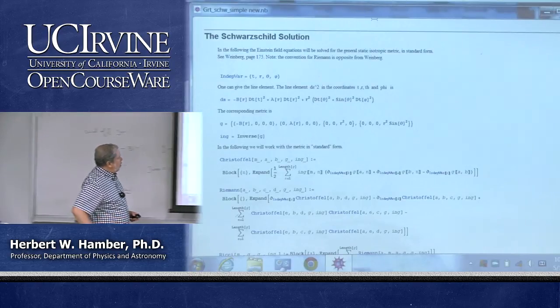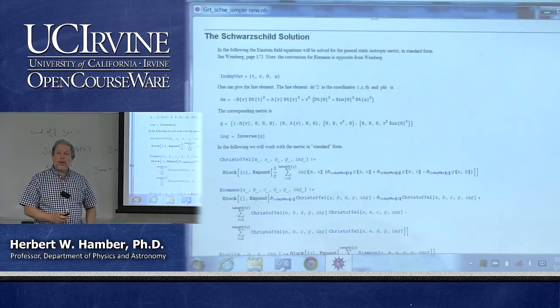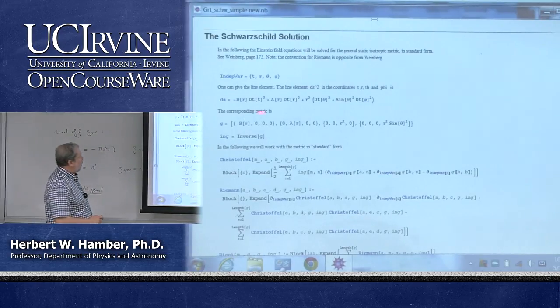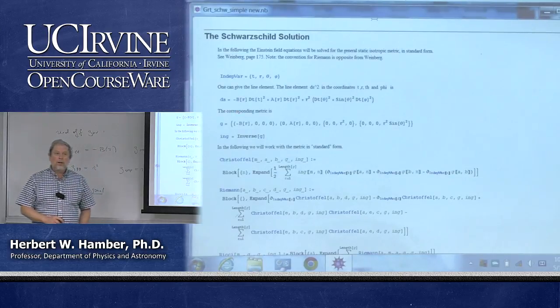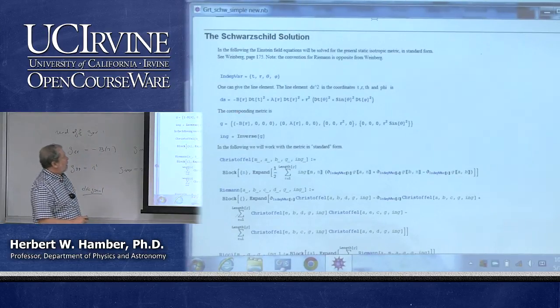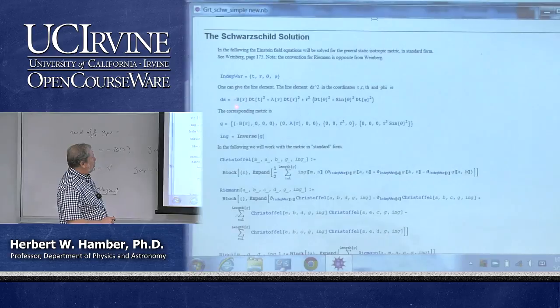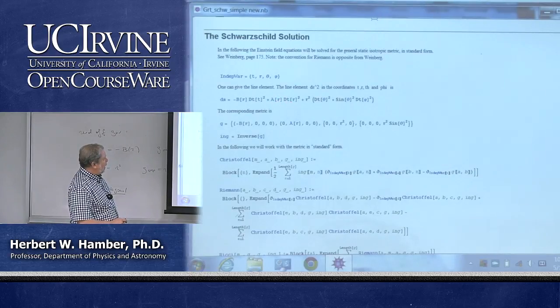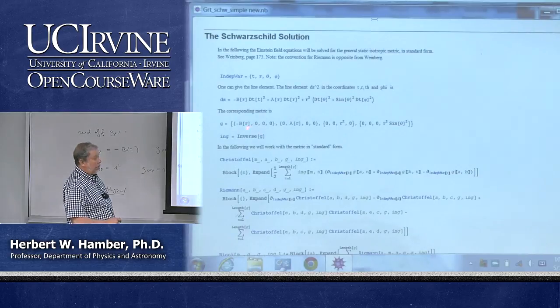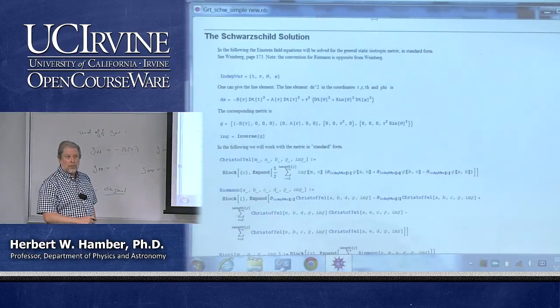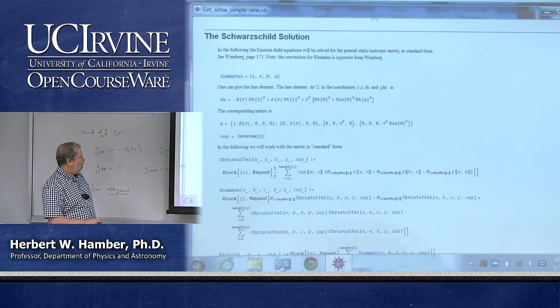Now, for the Schwarzschild solution, the metric is given, right? It's not the most general form, so it is just, can you read that? Well, yeah. So it's this B function of R, and this is the A function, and then the solid angle part is just trivial. And so, in fact, you can just write down the metric explicitly, right? It's a diagonal one.